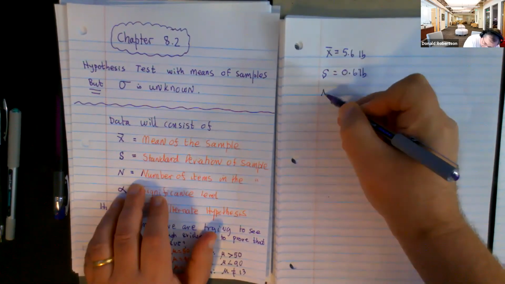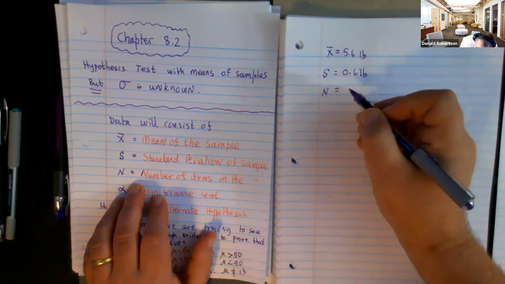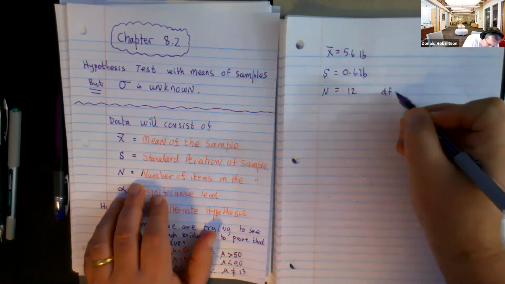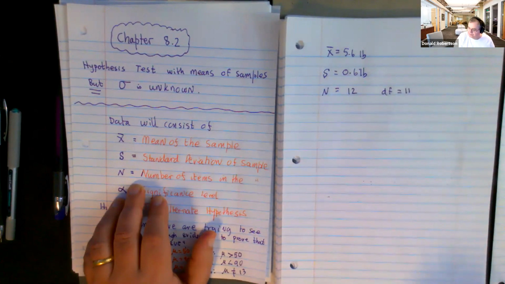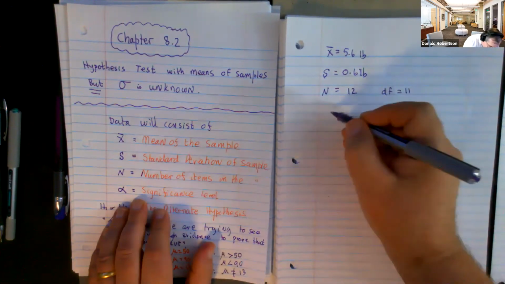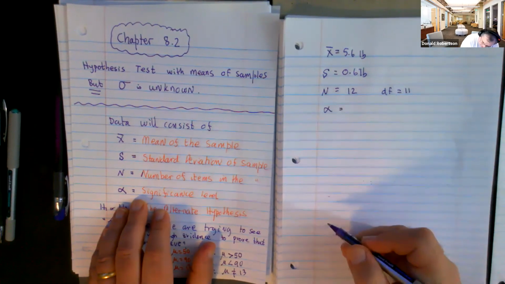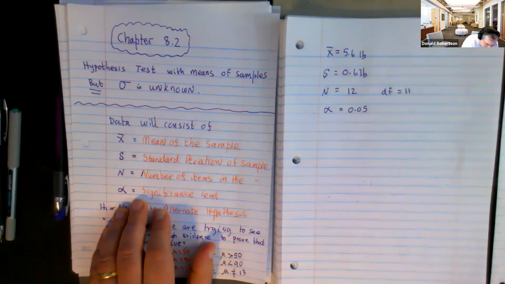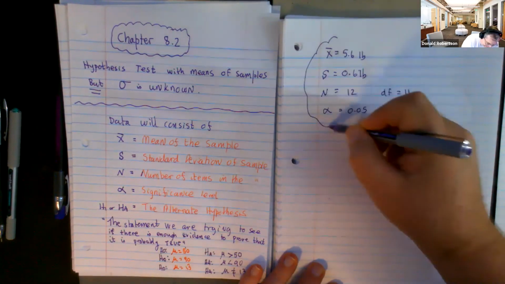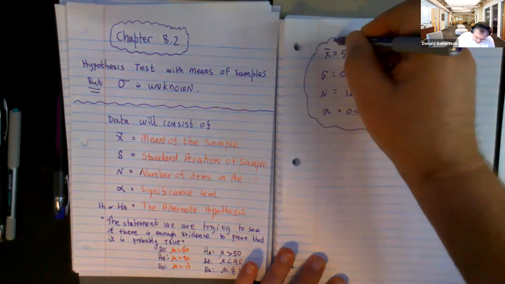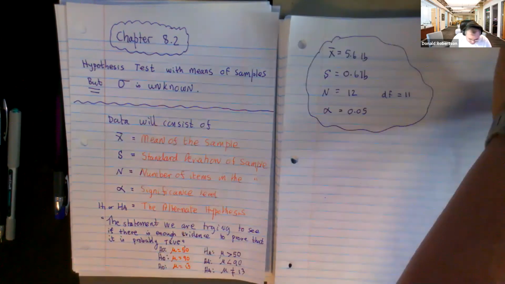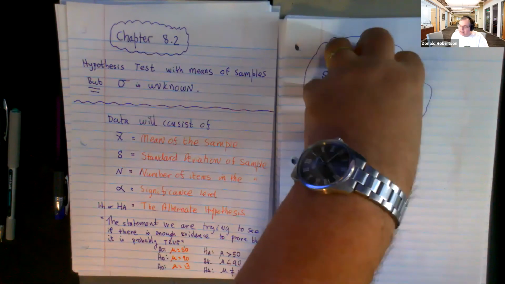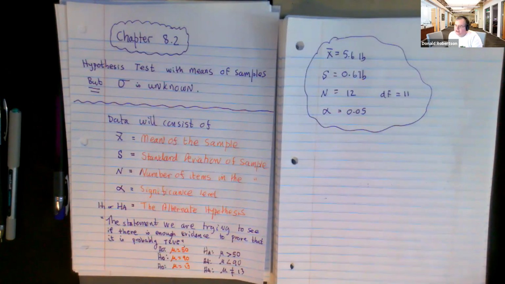The number was how many in this sample, and that was 12, but doesn't that mean that the degrees of freedom are 11? The significance level here is 0.05, and that was in the story. So if you like, almost everything that was in this written format has now just been condensed into its essence.